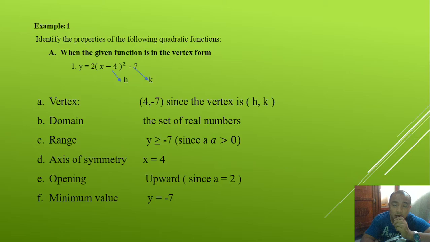It is a minimum value because the parabola opens upward, so there is a minimum value, the vertex below. But if the parabola opens downward, the vertex is located upwards, so there is a maximum value. So for the upward parabola, there is a minimum value. For the downward parabola, there is a maximum value. Okay, remember that.